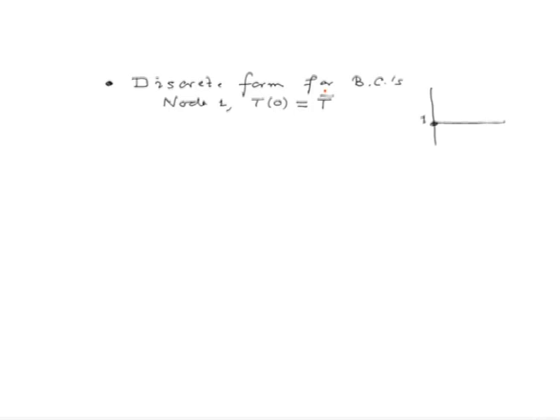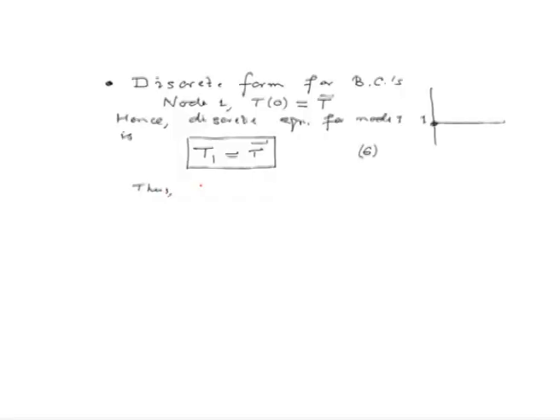So, the equation becomes very simple here. Hence, discrete equation for node 1 is T1 is equal to T bar. Let us call this equation 6.